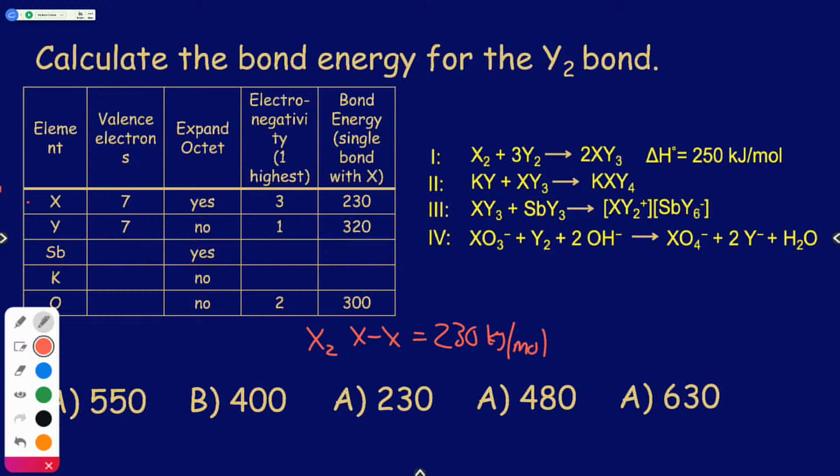You guys all got different numbers, that was randomized on the exam. And Y with X is 320. So an XY bond has a value of 320 kilojoules per mole. So with that information, can you get there?